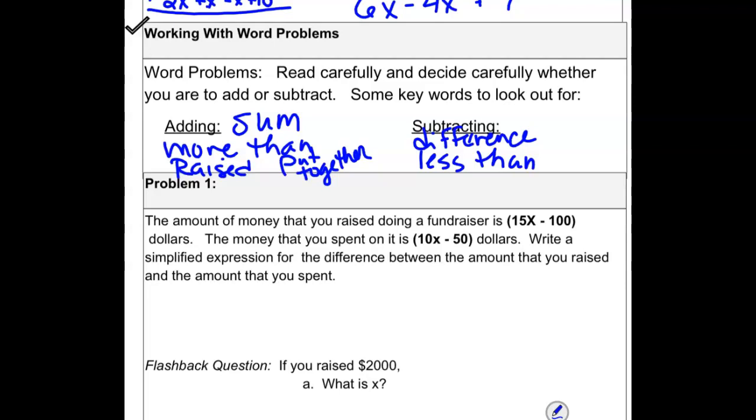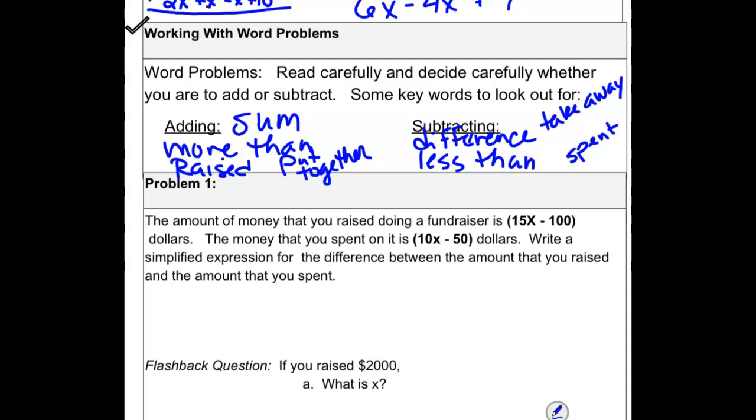Other things? Again, the raised and spent idea is coming from this word problem that we'll talk about. Takeaway? Okay, they might just say subtraction. Takeaway? So putting things together, taking things away.